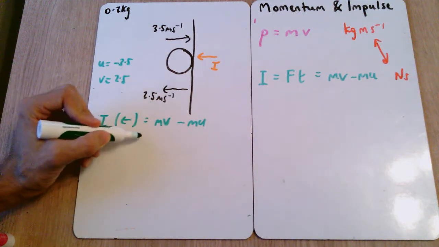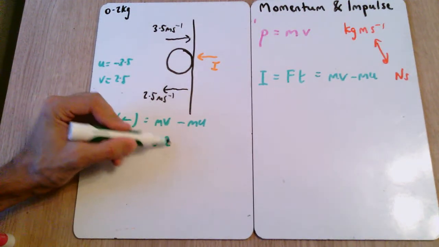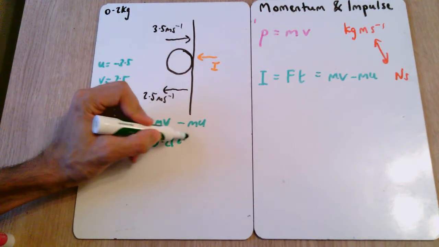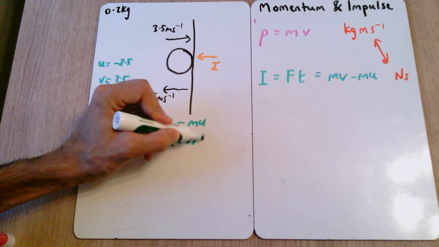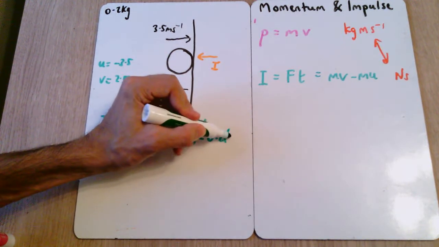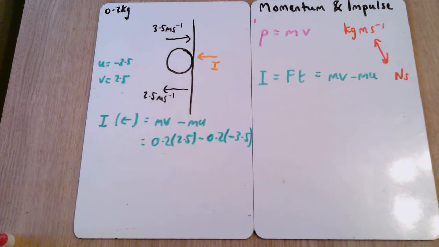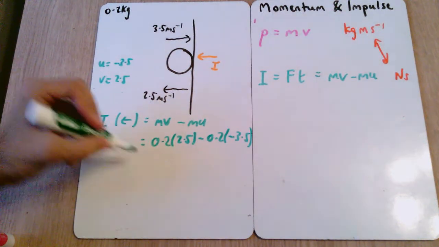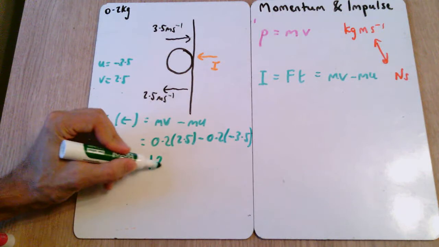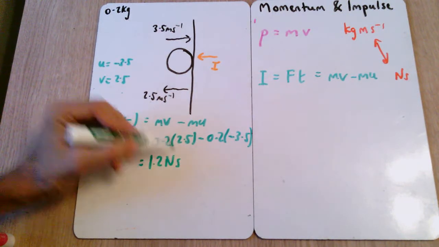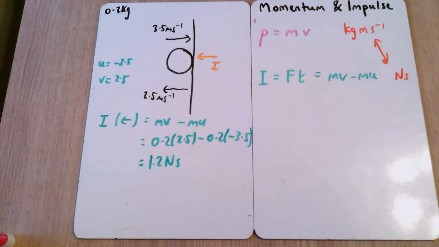So when we substitute these values in, we get 0.2 brackets 2.5 minus 0.2 brackets minus 3.5. And if you calculate that, 0.2 times 2.5 minus 0.2 times minus 3.5 gives you a value of 1.2 Newton seconds, or kilogram meters per second.